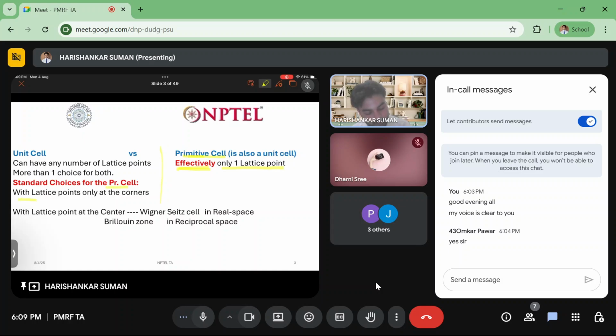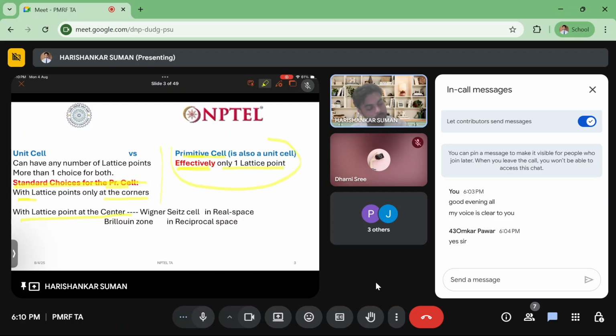This is the standard choice for the primitive unit cell, with lattice points only at the corners. And this has a special name: Wigner-Seitz cell in real space, Brillouin zone in reciprocal space.